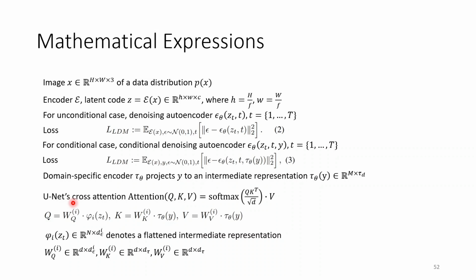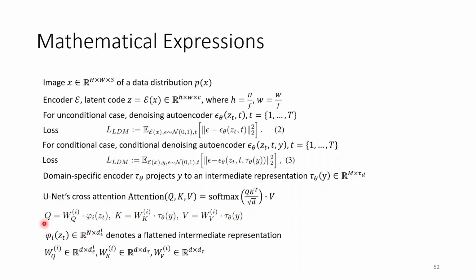The UNet contains attention layers. For an attention layer, there are 3 inputs: query, key, and value. The attention is computed from the query and the key, and finally the value will be used to generate the new sequence, a new matrix I should say.